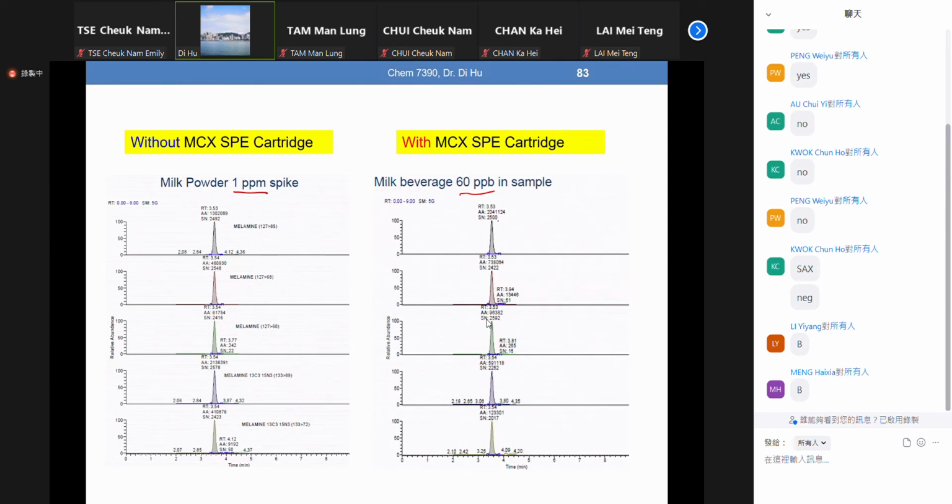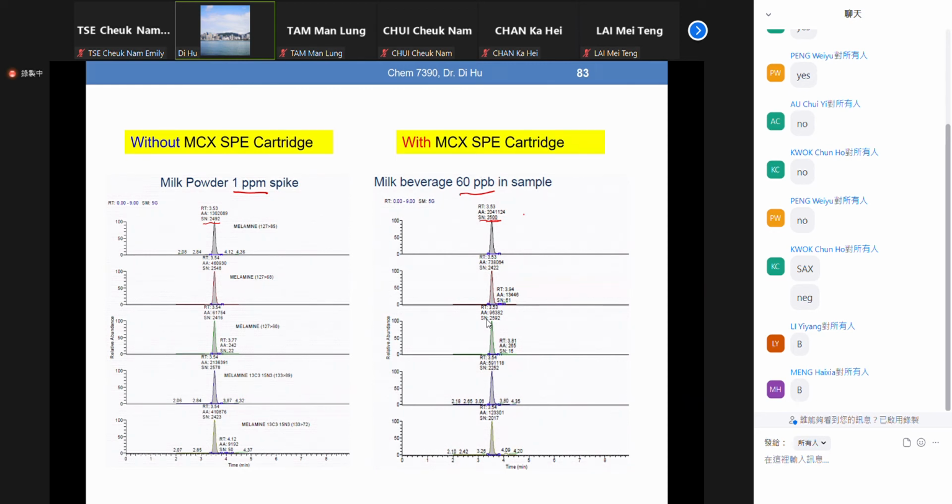You can see that after SPE cleanup, 60 ppb can achieve the same signal to noise ratio, meaning the same sensitivity as for 1 ppm, okay? So that means using the strong cation exchanger cartridge for cleanup does help to increase the sensitivity a lot.